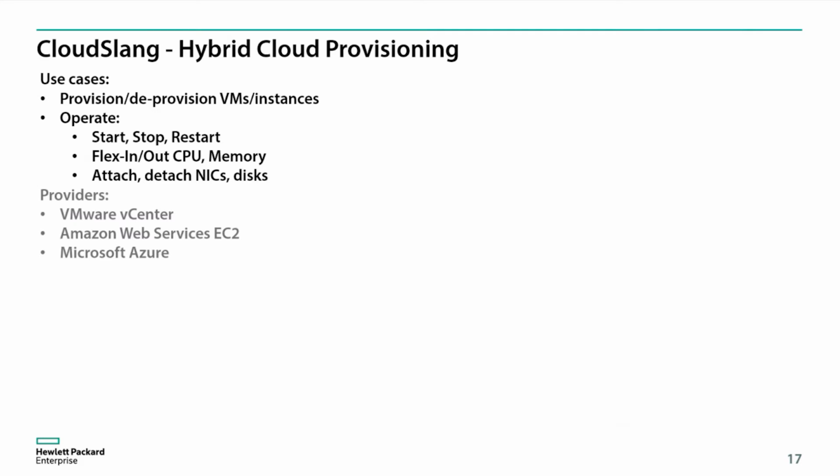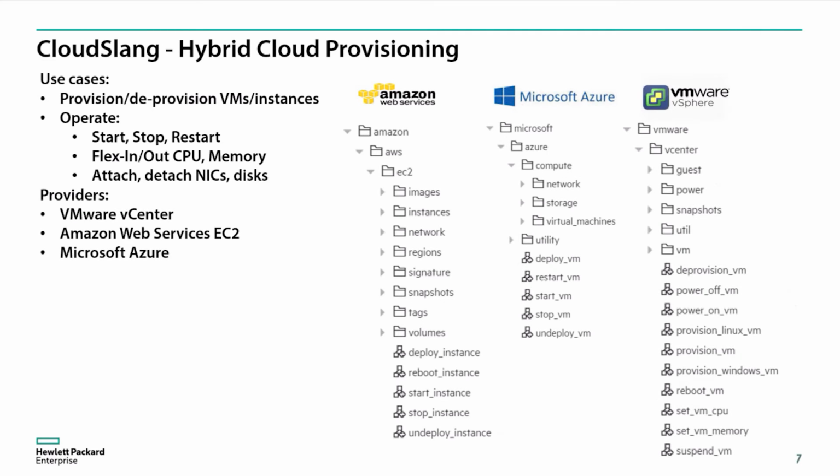So that's why we focused the first time around on Amazon Web Services, Microsoft Azure, sorry, VMware vSphere, and we ended up with this kind of structure that you see on the right side, sorry. So currently we have VMware vCenter, Web Services EC2, and Azure.